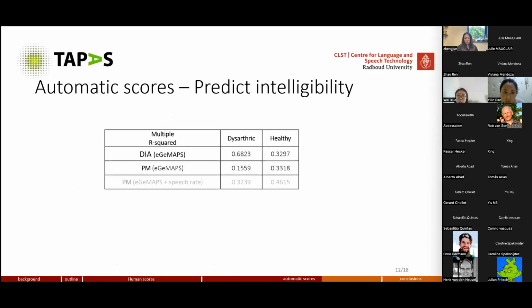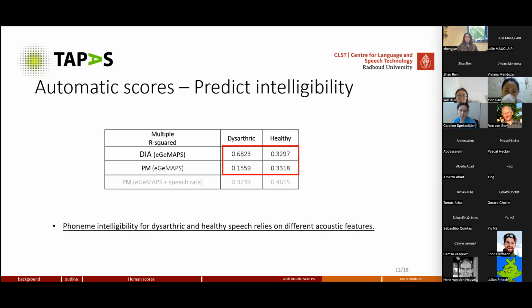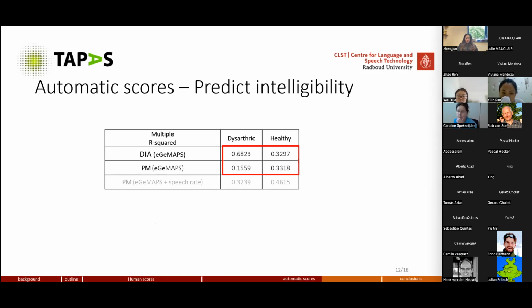So this table here represents the multiple R-squared score for the final linear regression models. This score represents the proportion of the variance of the dependent variable that could be explained by the independent variables. So the higher the score, the better the acoustic phonetic features can explain the variance of the dependent variable, such as what we used, the phoneme intelligibility.